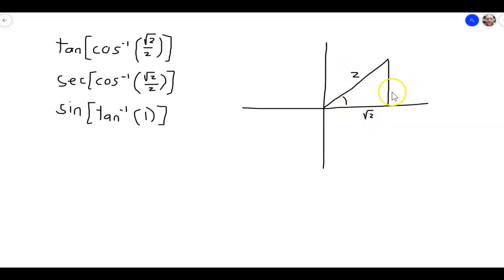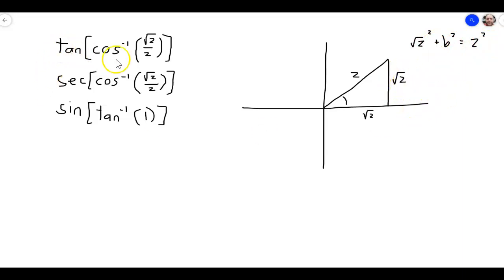And then we can figure out the last side by using the Pythagorean theorem. So square root of 2 squared plus b squared is going to be equal to 2 squared. And we can solve that. So that's going to be 4 minus 2, which is going to be 2. So b is going to be the square root of 2 as well.